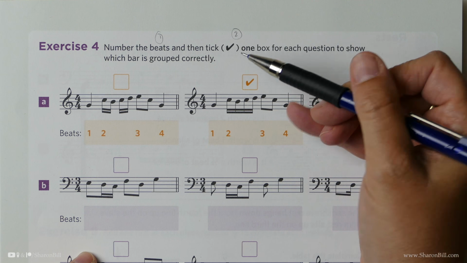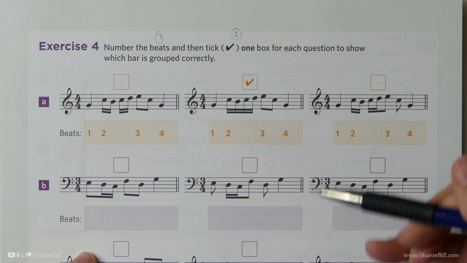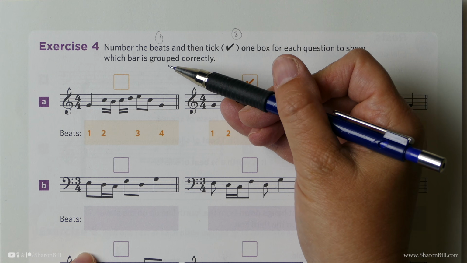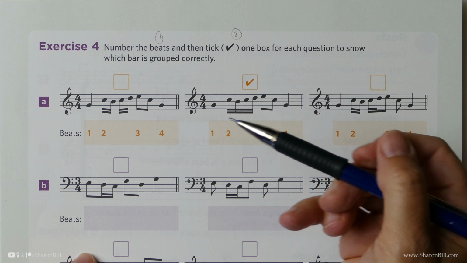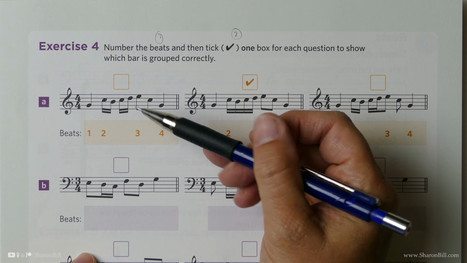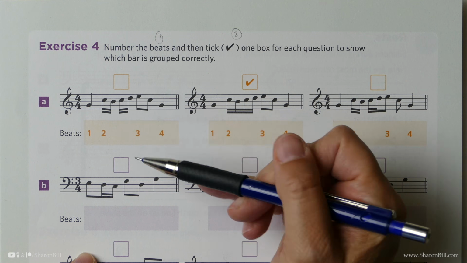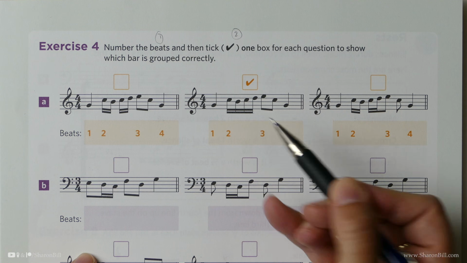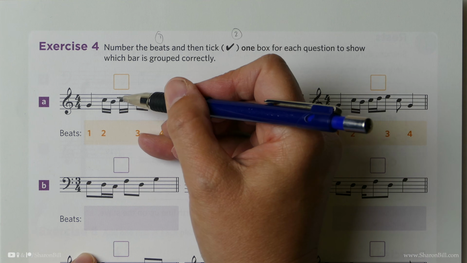And you'll find that if you do that, that will help you answer number 1, because when beats are incorrectly grouped, it's really difficult to read. Because we know that beats should be showing a complete beat grouped properly together. Everything should be grouped showing one crotchet beat. And so here it's really difficult to see where beat 3 comes, because we've got this break here.